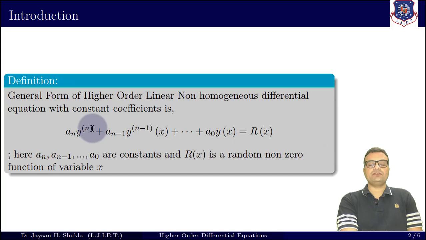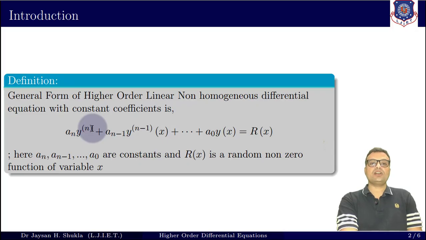Throughout this equation, we are assuming that y is dependent variable, which is depending on one independent variable x. It simply means that this y raised to n in small brackets indicates nth order derivative of y with respect to x. The coefficient in multiplication over here is an.